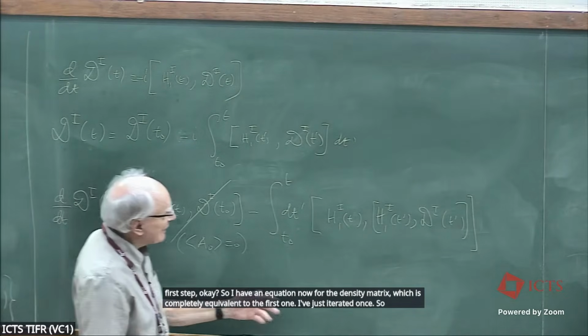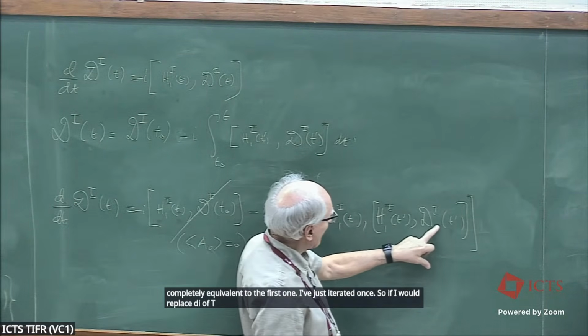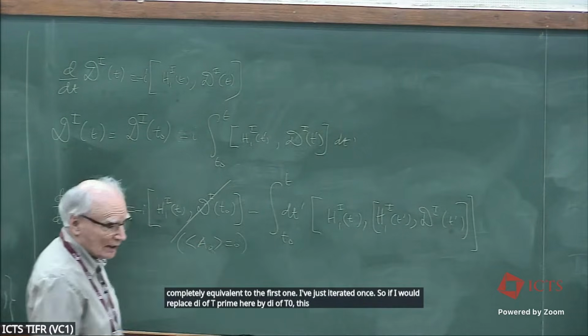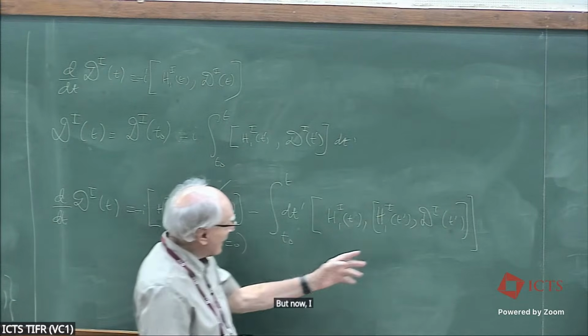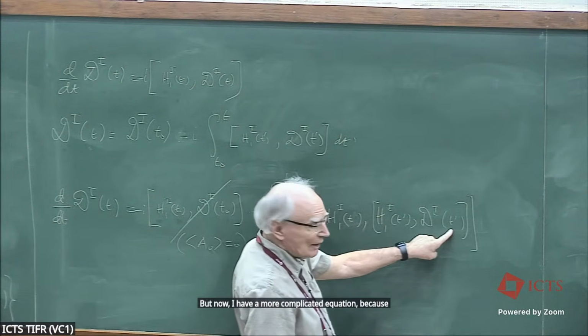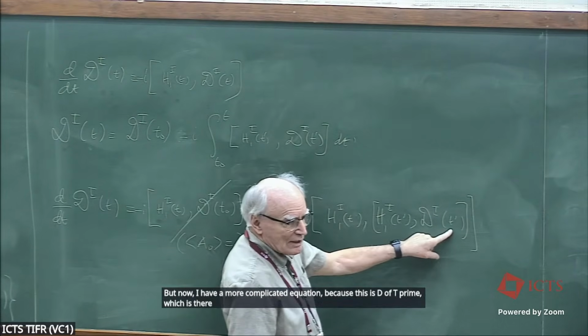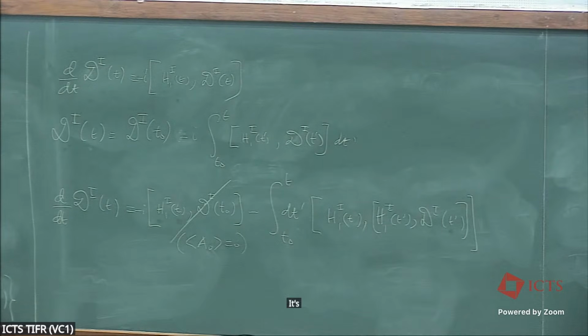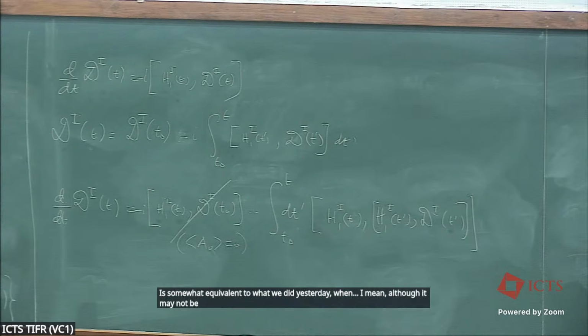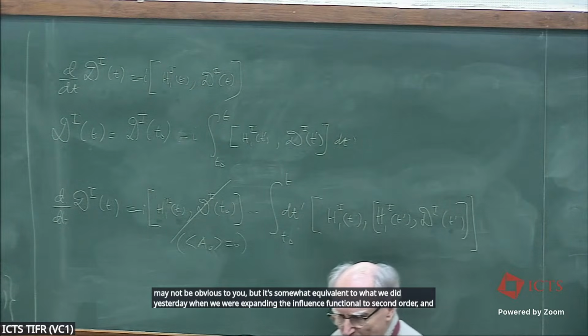If I would replace dI of t prime here by dI of t0, this would just be second order perturbation theory. But now I have a more complicated equation because this is dI of t prime, which is there. So what is going on here is somewhat equivalent to what we did yesterday when we were expanding the influence functional to second order and then exponentiating the result.